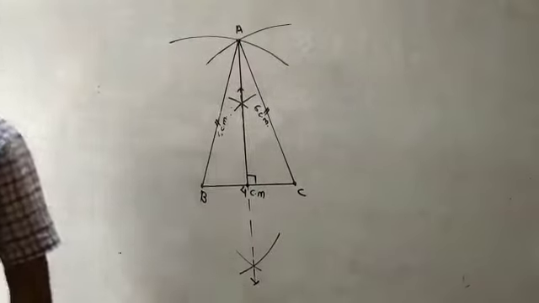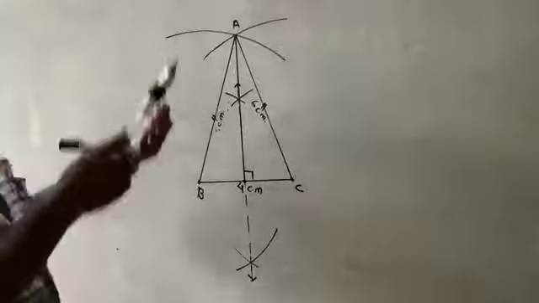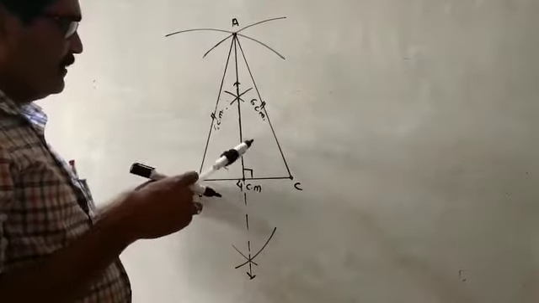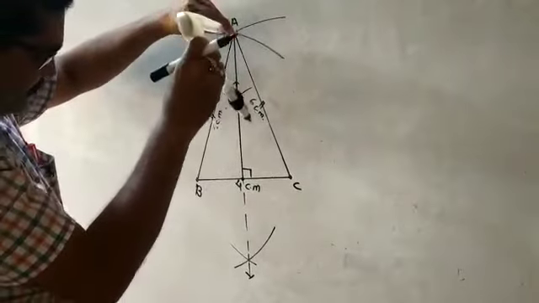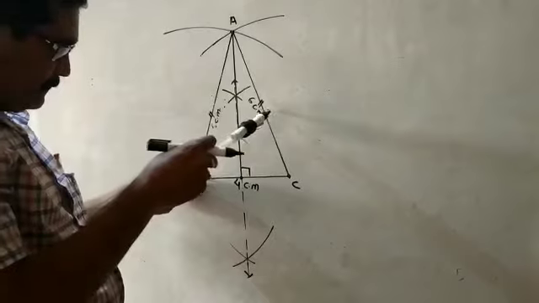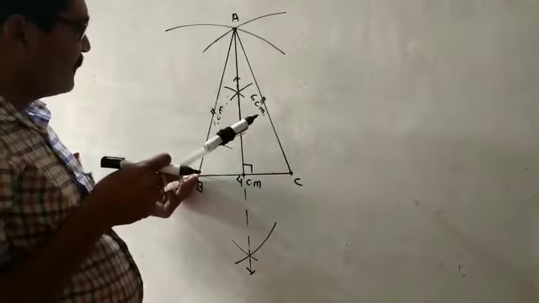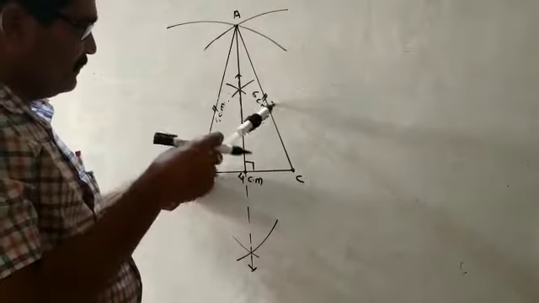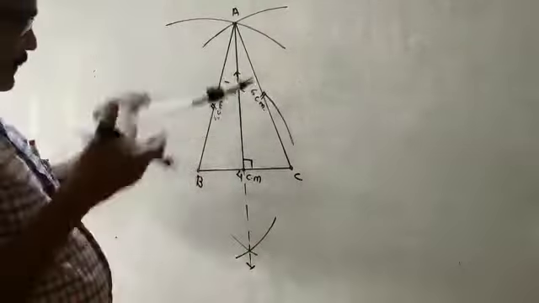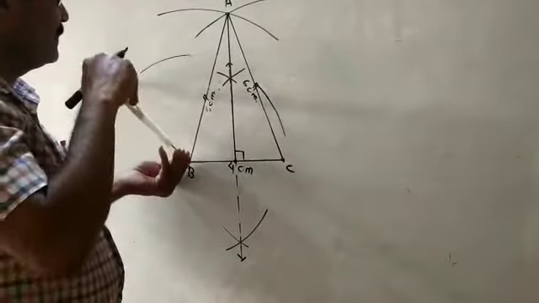Okay. Then here you have to take more than half of AB and get the set square properly. Here, keep the pointer on B and make the arc to both sides.